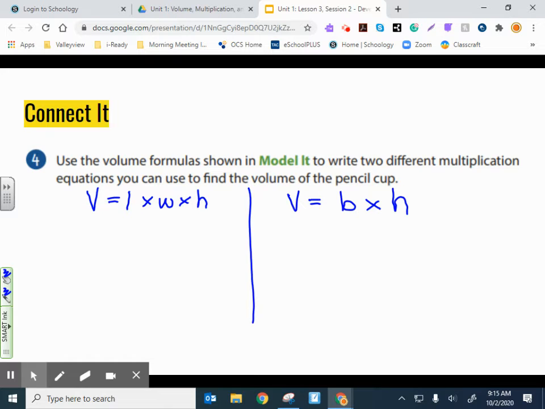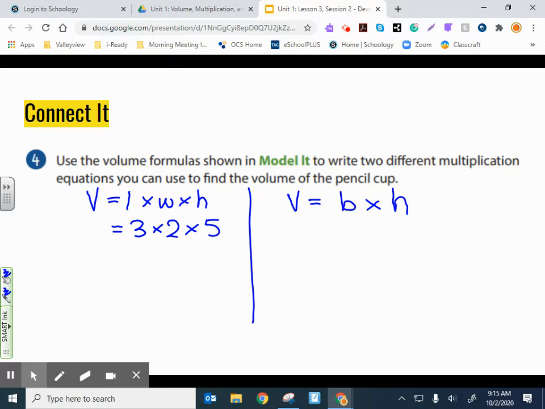Okay, so let's do it like this. If we're using this first equation, we would have 3 times 2, and then our height is 5. But again, I want to point out, it doesn't matter. When you're doing volume and you have to multiply 3 numbers, it's just like adding 3 numbers. The order does not matter at all.